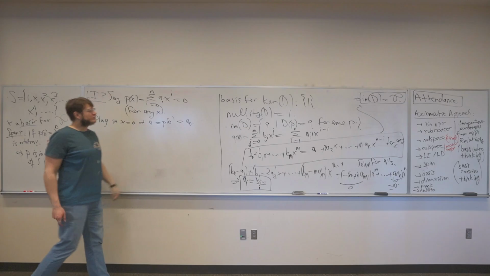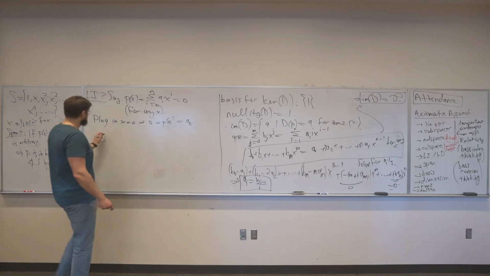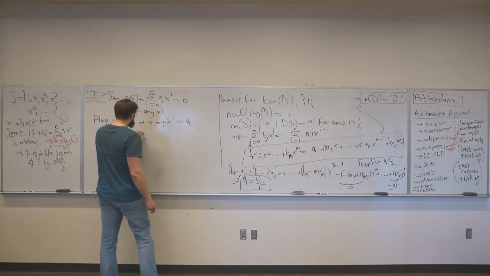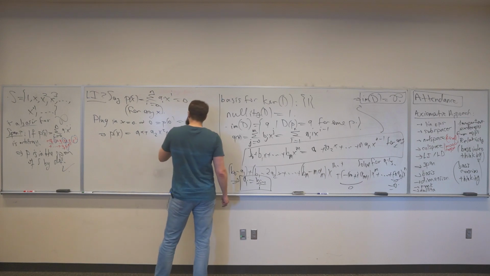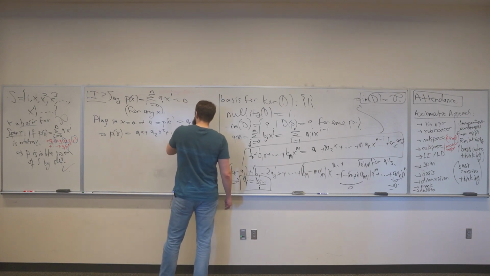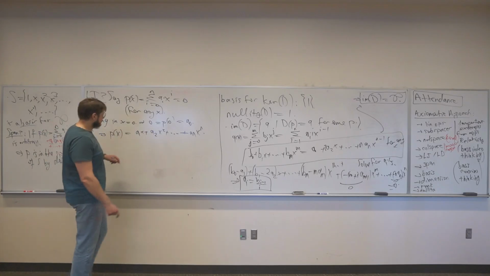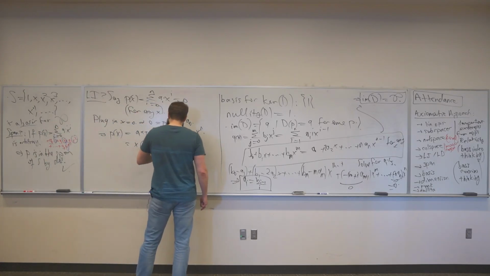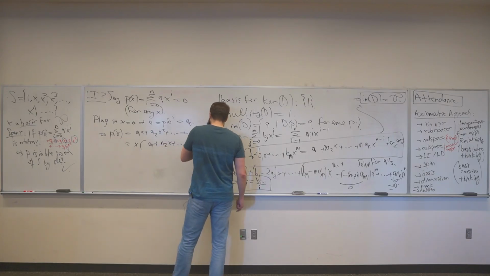So I deduce that a sub 0 has to be 0. Then p of x is a1x plus a2x squared plus dot dot dot plus a sub n x to the n. Of course, I can factor out the x: x times a1 plus a2x plus dot dot dot plus a sub n x to the n minus 1.